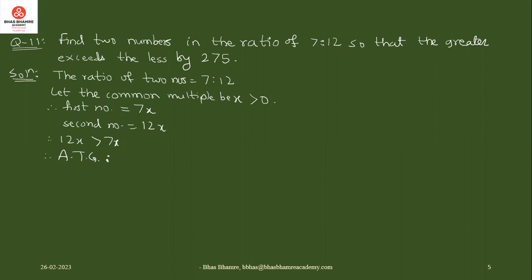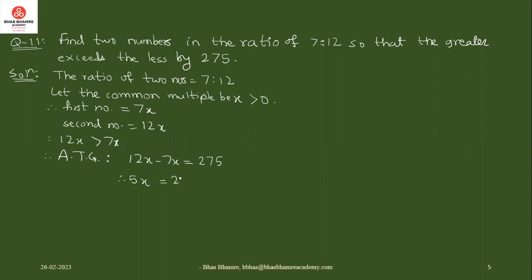Then it is said that the greater exceeds the less by 275. So 12x minus 7x is 275. The subtraction 12x minus 7x is 5x.